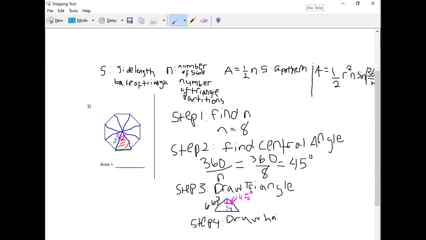I told you it's going to be lots of steps. All right, so here we're just going to look at this triangle and we're drawing half of it to find our height and our base.